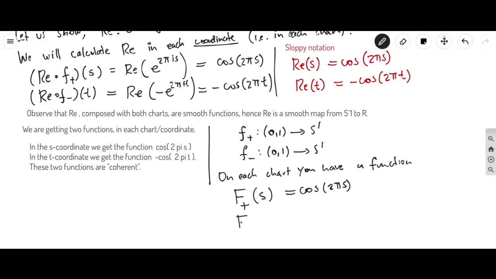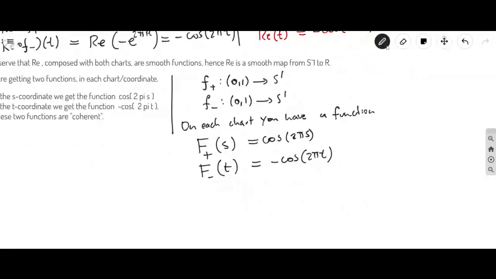And then on the other chart, you have a function that's negative cosine 2 pi t. So you have two different functions. And we claim that capital F plus and capital F minus are coherent.